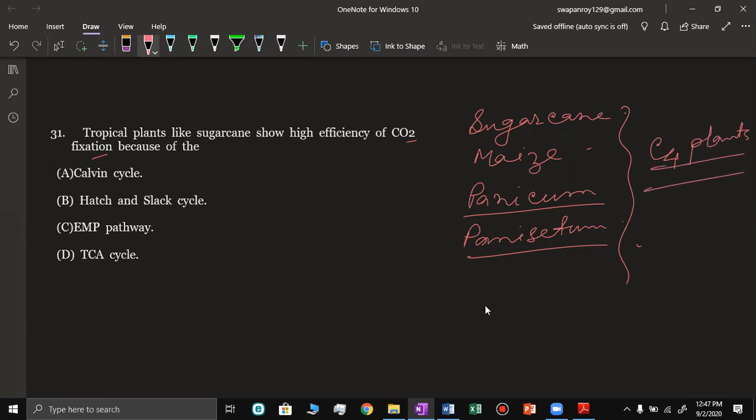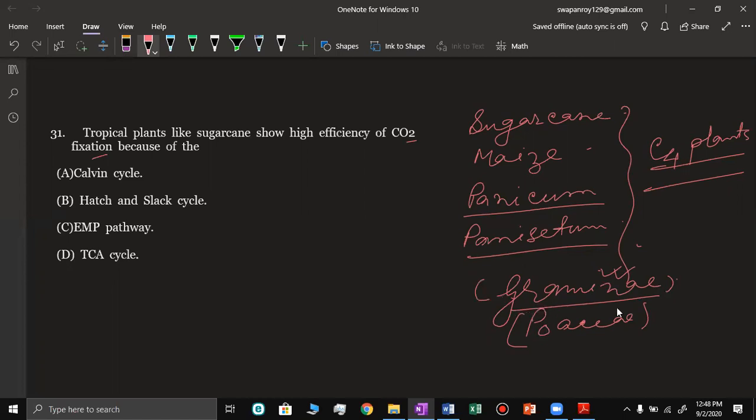Most of the C4 plants are in the family Gramineae, that modern name is Poaceae. Under the Gramineae family, all our food grain plants belong.